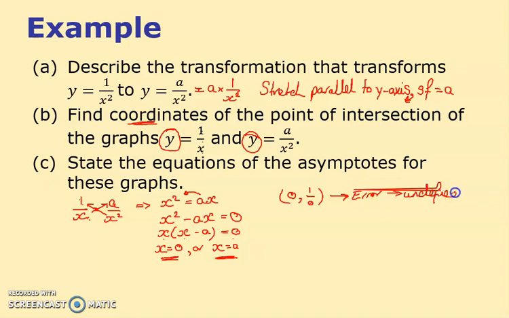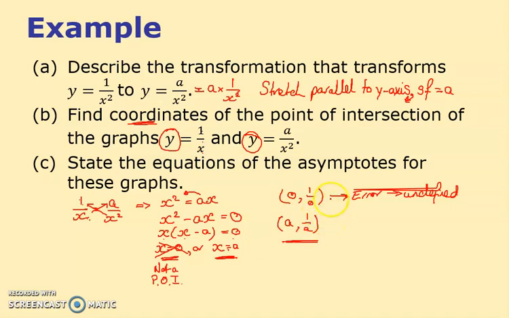So I think that is not a point of intersection. I'm going to cross that one out. x equals a, I think, is fine. So when I put that into here, I get a, comma, 1 over a as my point.